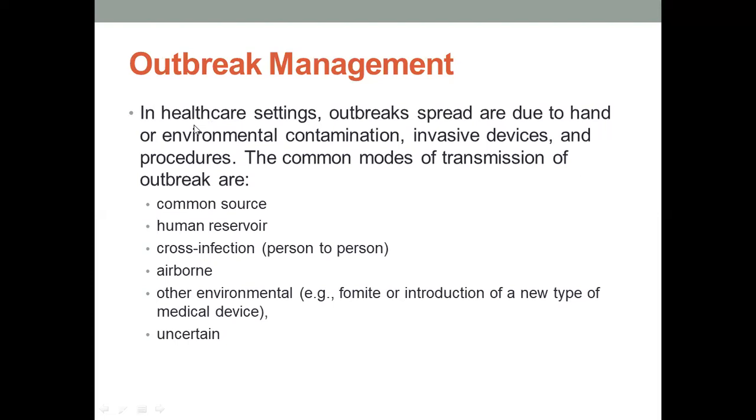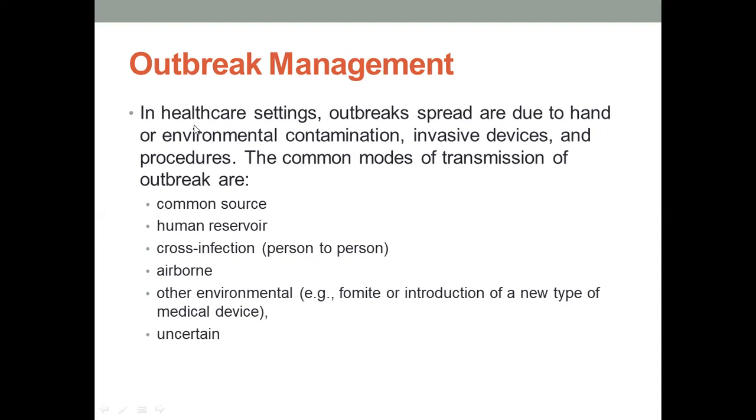Usually carriers. Cross infection, person to person, one to one. In this outbreak, it is subject to subject. It is not common source, it's the opposite of common source. One person gets infected, they transmit it to another person, that person will transmit it to a third person, and so on. It's a chain reaction. Airborne infections, all your airborne infections lead to outbreaks.